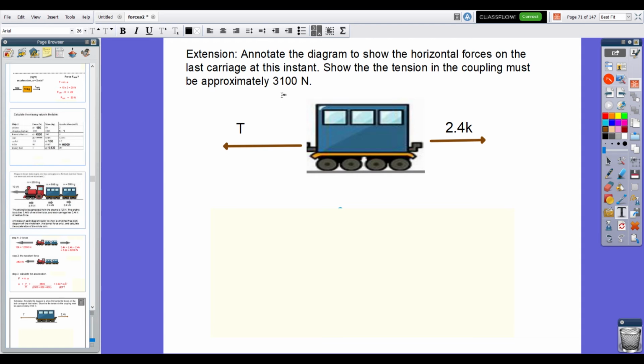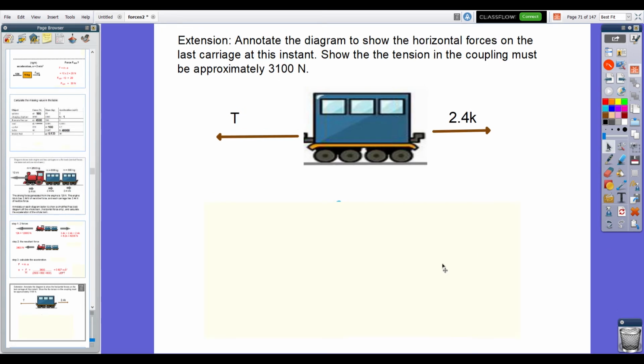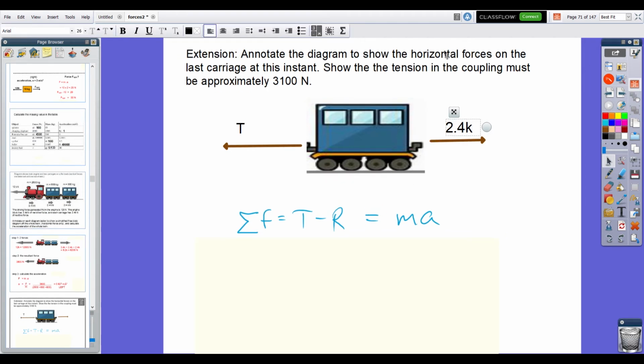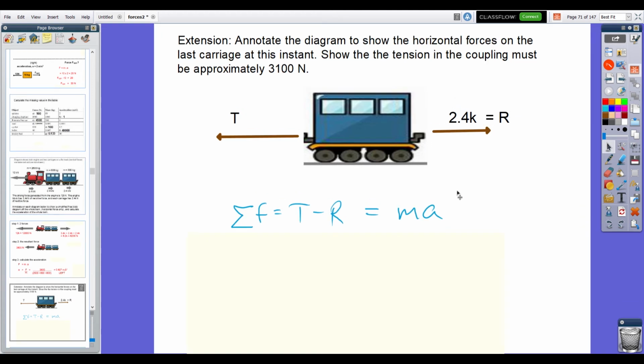So let's do F equals ma. The sum of the forces, the resultant force, is T minus R. Here's R, this is our resistance force. Let's just label that R so we know what I'm talking about. Sum of the forces, remember this is the sum sign, is T minus R, and that equals ma.